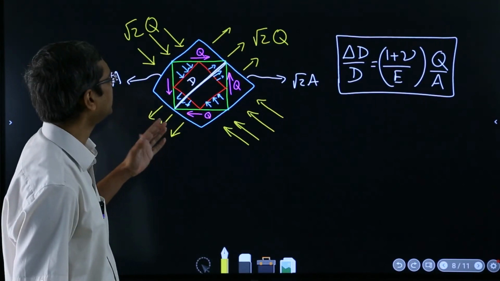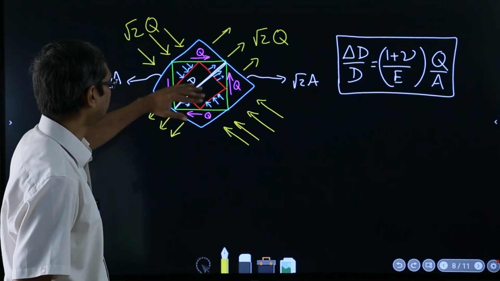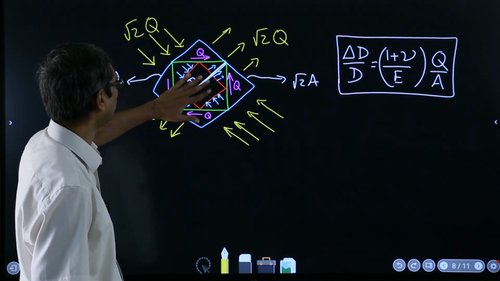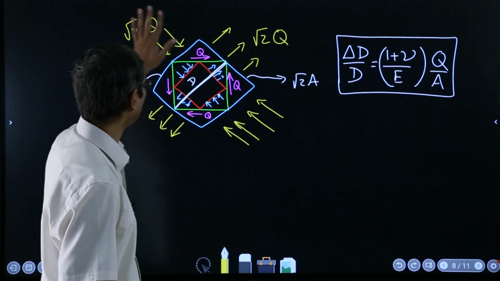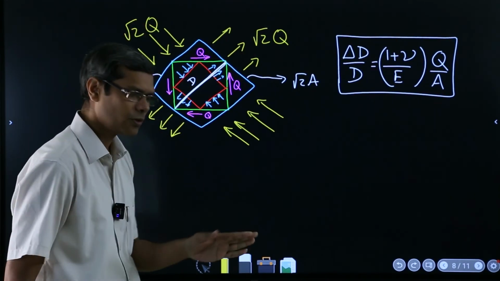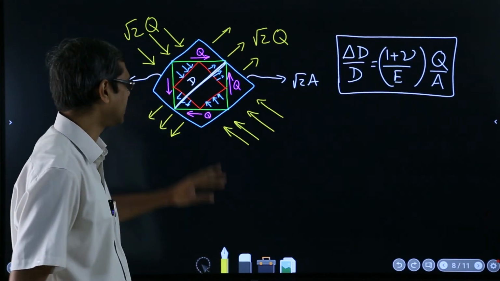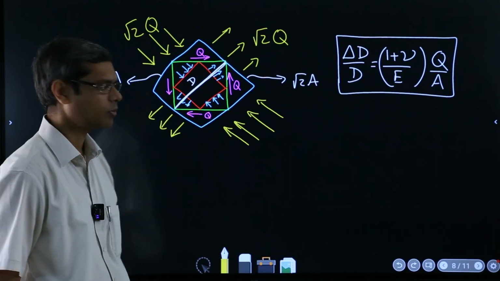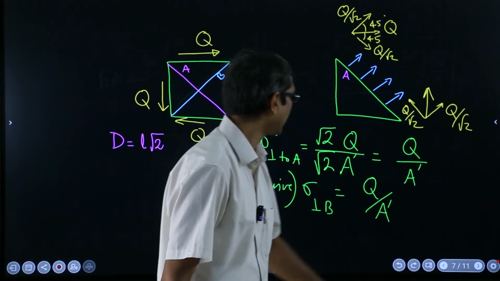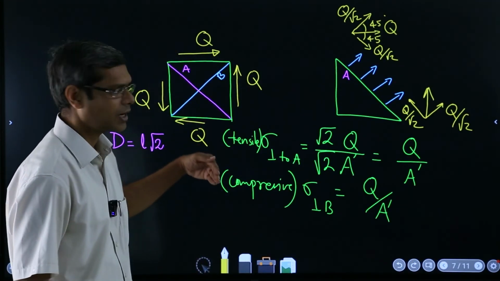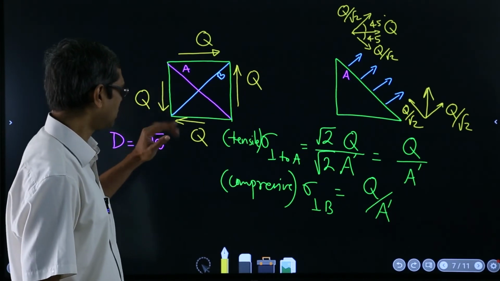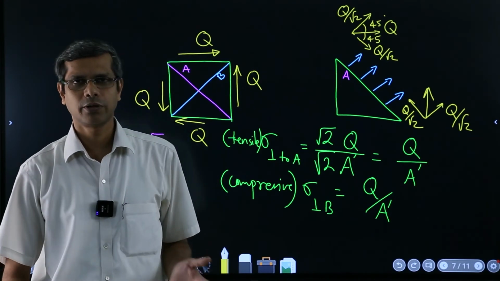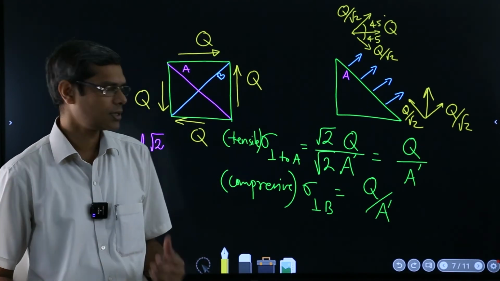And this concept of equivalence of a tensile plus compressive to a pure shear at 45 degrees is a very important thing which will come up again and again in many problems when you solve, and that has been used now to derive the same expression.